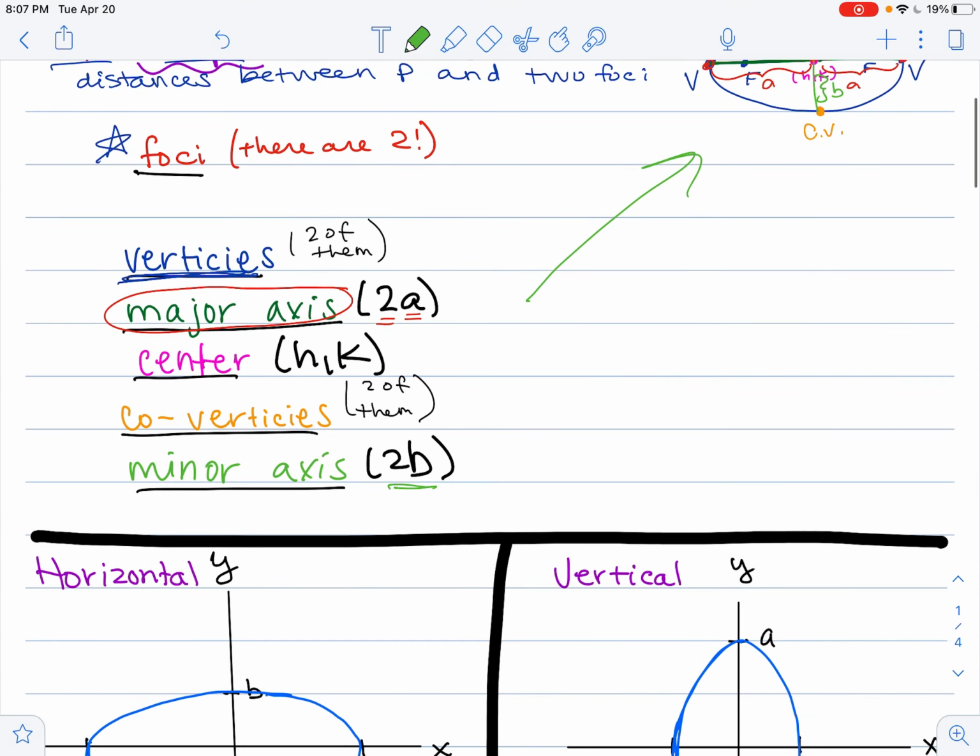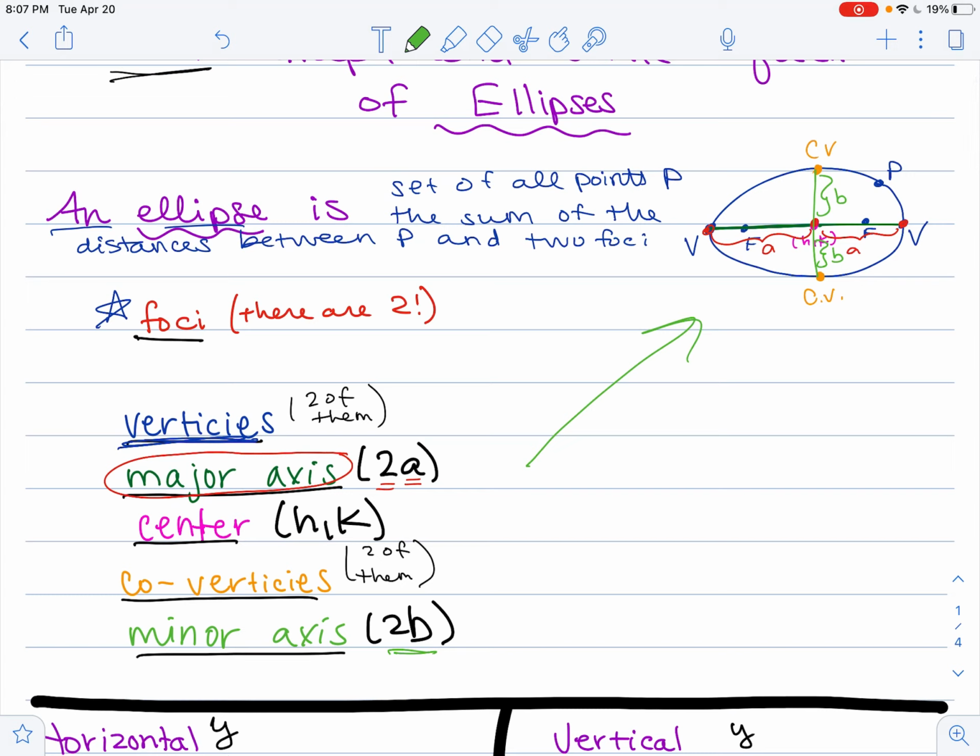A couple more things that you need to know. Also, the other thing you need to know is that C squared, where the distance of C is between the center and the foci, is right here. So C squared equals A squared plus B squared.